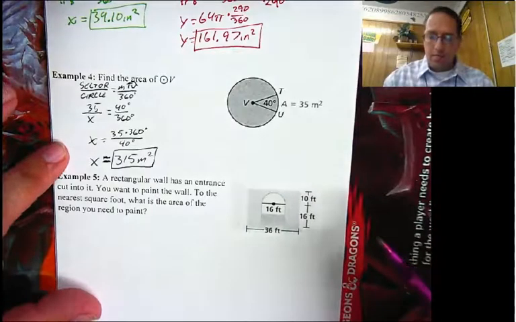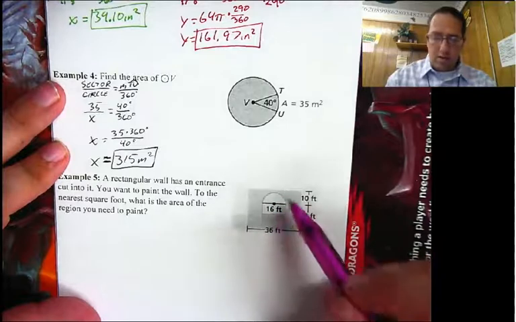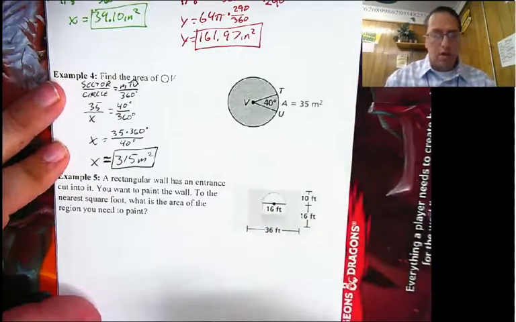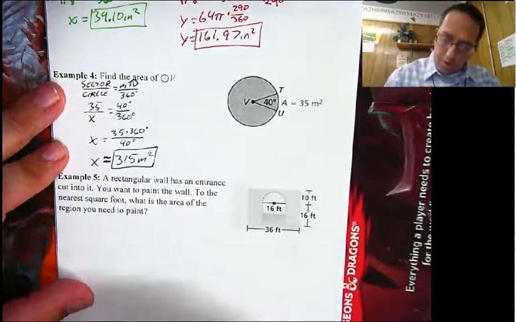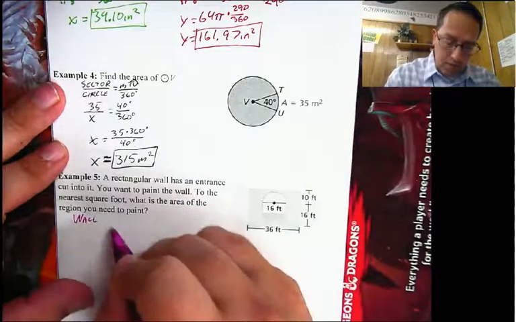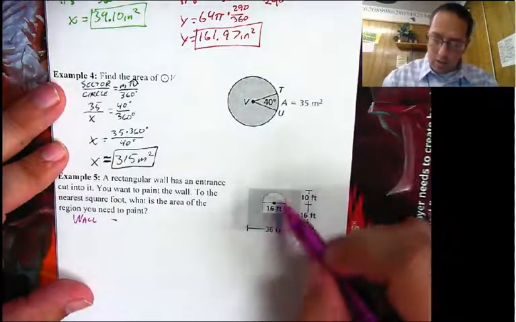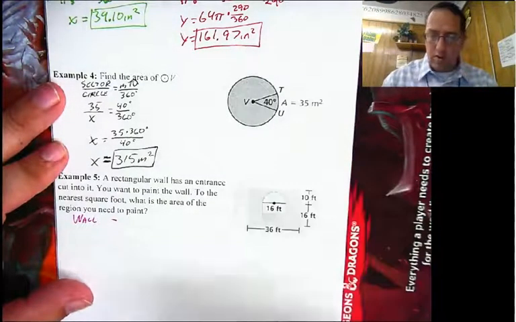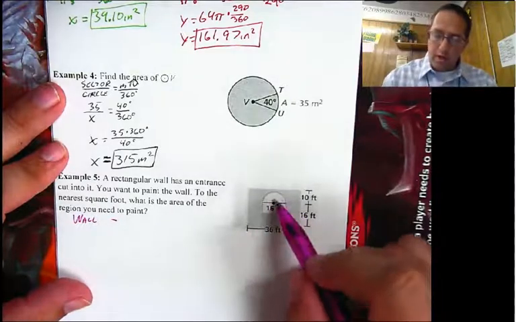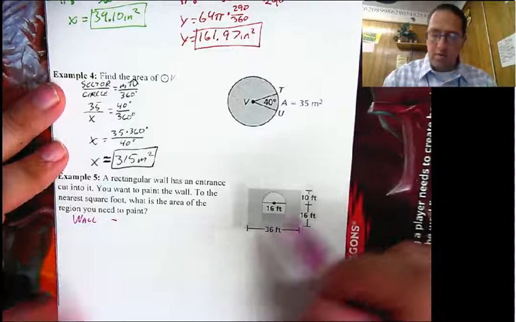How are we going to do that? Well, simple enough. We're going to find the area of the entire thing minus the parts that were cut out of it, right? So we have the wall minus the door. Well, the door is in two different pieces. We're going to take it in two parts because we can't do the area of this little shape here because we don't have a formula for that.